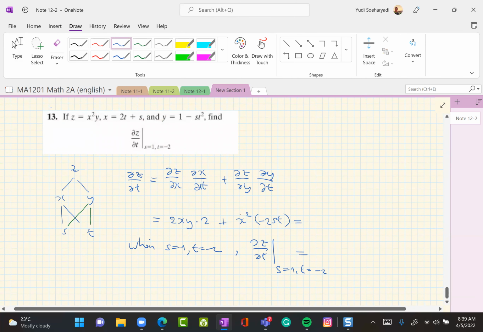So 2x is 50 plus s, times 2, plus x squared times minus 2, st. So plug it in here. Let you finish that one.